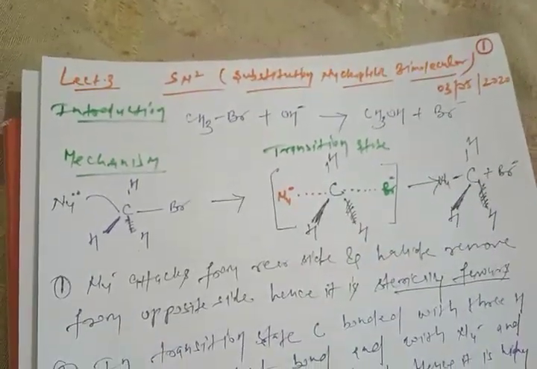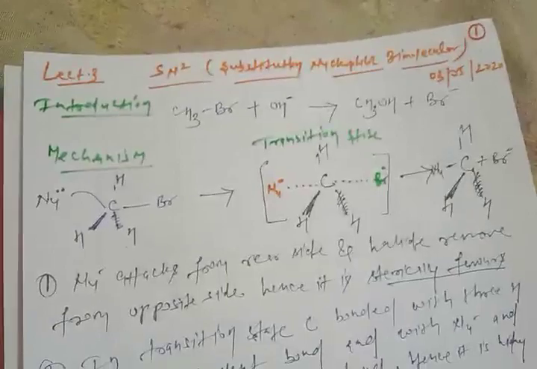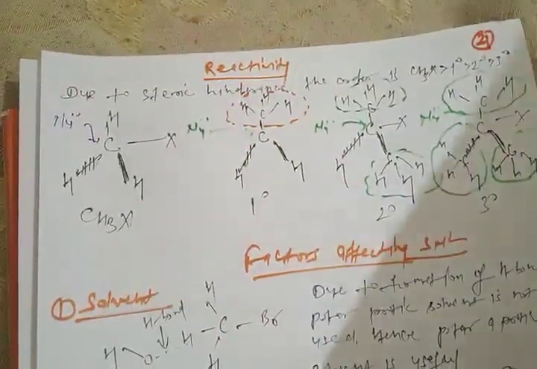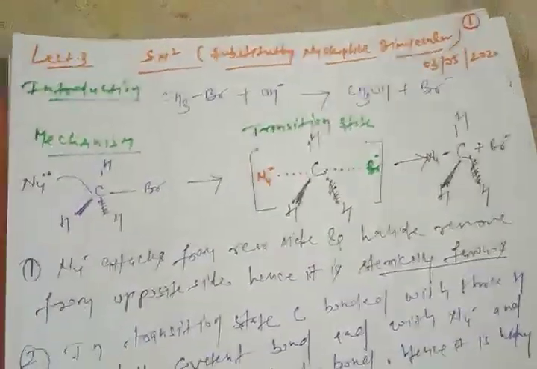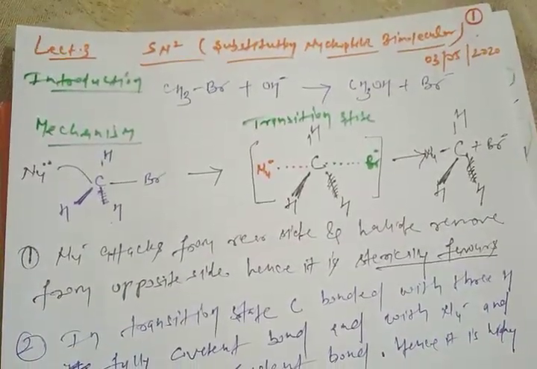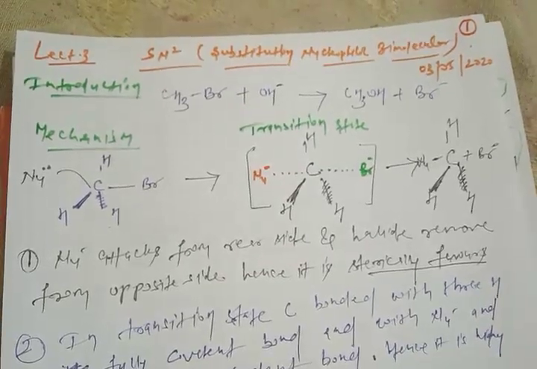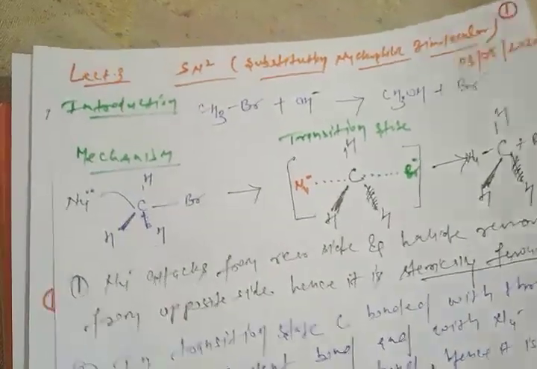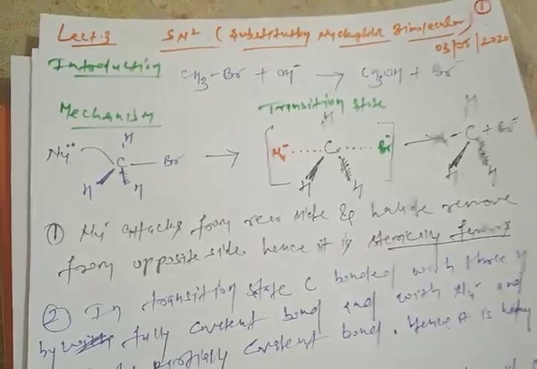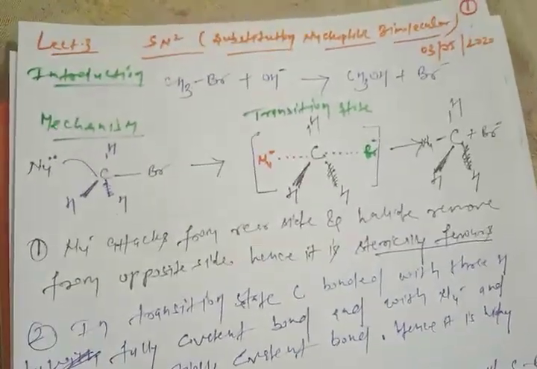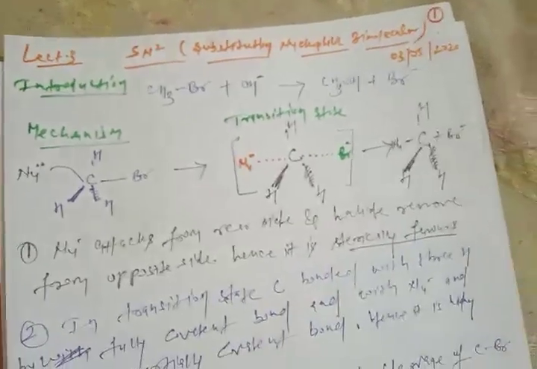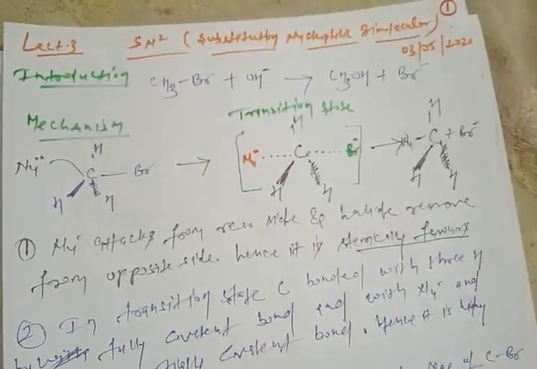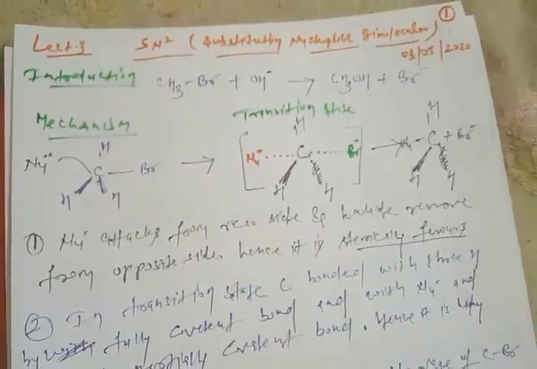Then the stereochemistry. In SN1, both inversion of configuration and retention of configuration occur, that means a racemic mixture is formed, and in SN2 we only form the inversion of configuration. SN1 is independent of the concentration of nucleophile, whereas SN2 depends on the concentration of nucleophile.